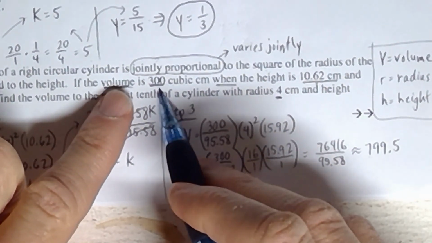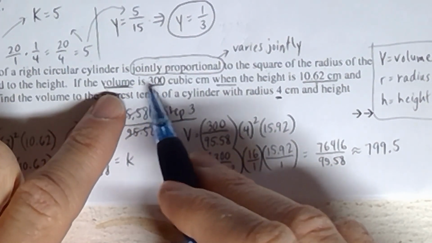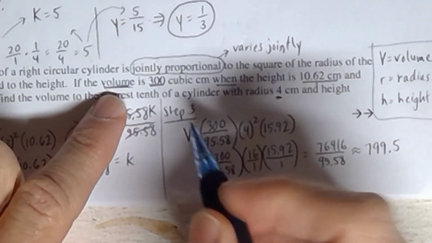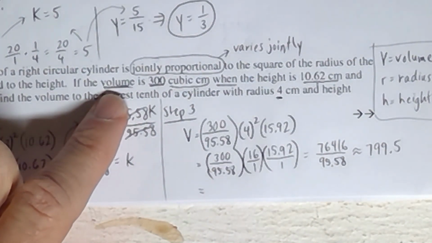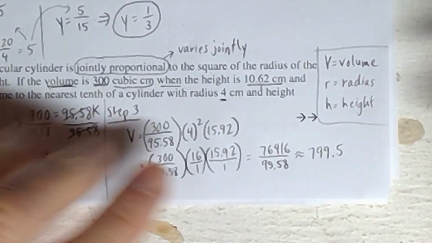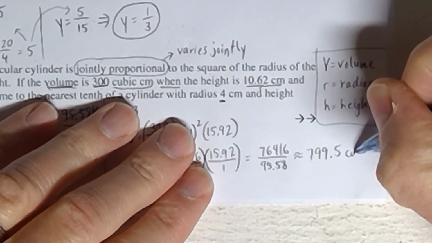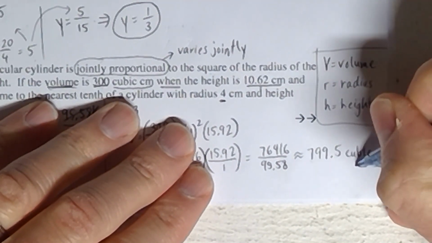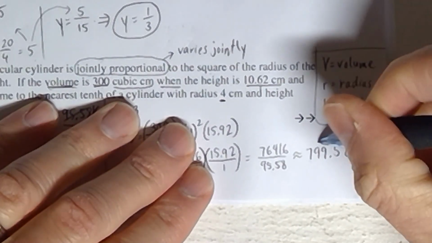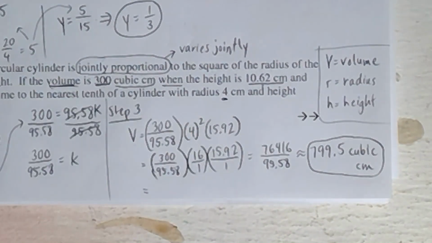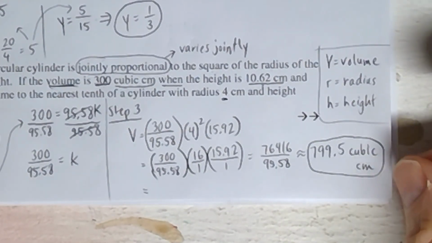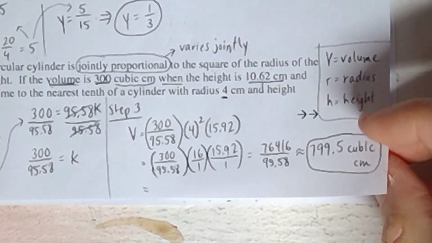Well, according to this statement up here, it says a volume is 300 cubic centimeters. They're telling us that cubic centimeters is the way in which they measure volume in this problem. So this therefore must also be measured in cubic centimeters. So 799.5 cubic centimeters is the volume of this particular right circular cylinder that they're talking about.